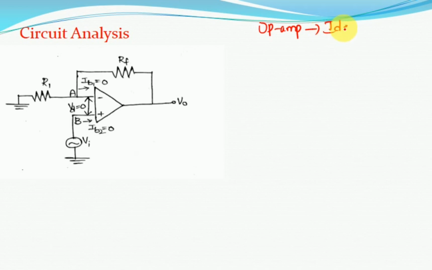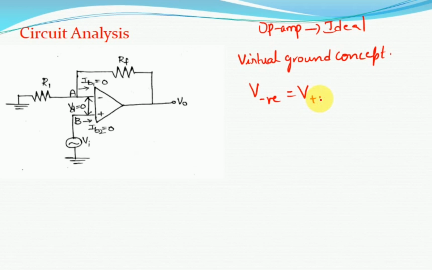If the op-amp is ideal, the virtual ground concept is applied. What do we mean by the virtual ground concept? The voltage at the inverting terminal of the op-amp is always equal to the voltage at the positive terminal of the op-amp. Indeed, the difference voltage between the two terminals is 0, and the currents entering the inverting terminal and non-inverting terminal of the op-amp are 0.